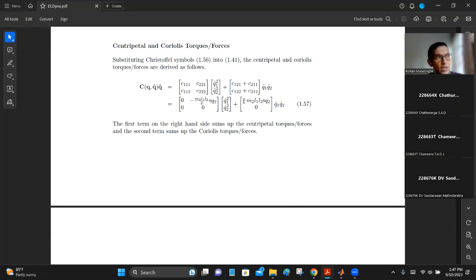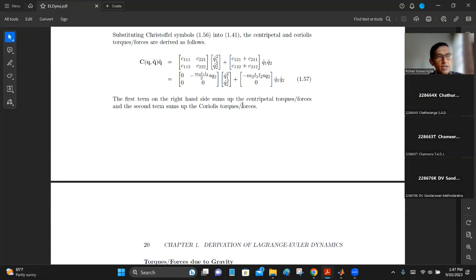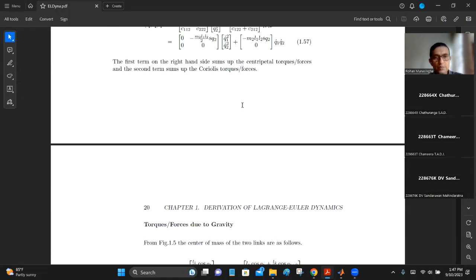The first term over here is the q dot squares, which come from centripetal forces and torques. The second one is q dot times q dot, the coupling between different links, so that is the Coriolis term. That is the second term of the Lagrange-Euler equation.